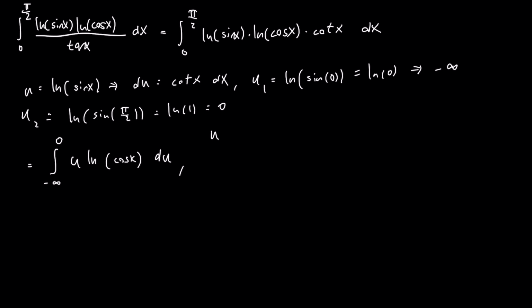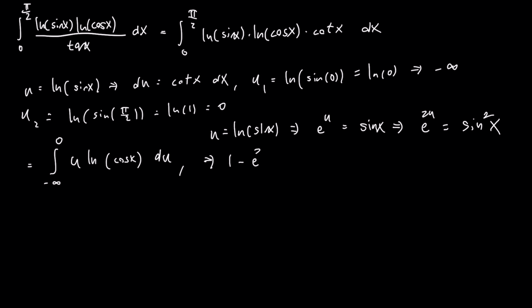So we said that u equals the natural log of the sine of x, but that means that e to the u is equal to sine x, but that also means that e to the 2u is sine squared x, but that also means that 1 minus e to the 2u is 1 minus sine squared x, but we know that's cosine squared x. So this means that the cosine of x is the square root of 1 minus e to the 2u.